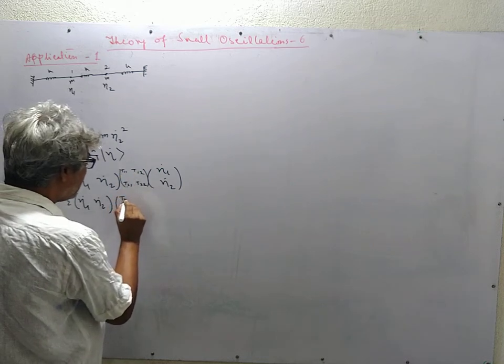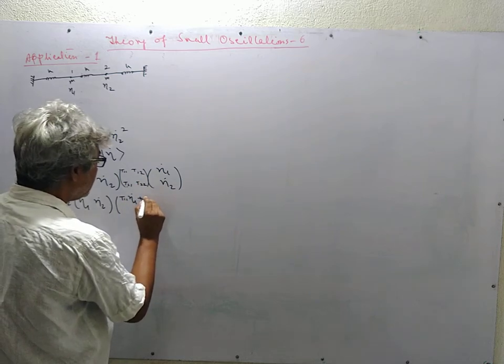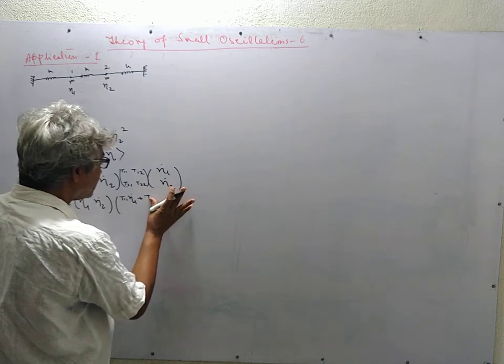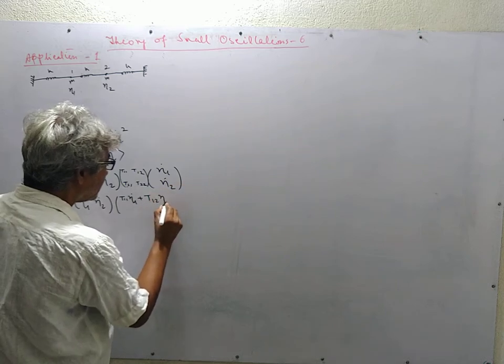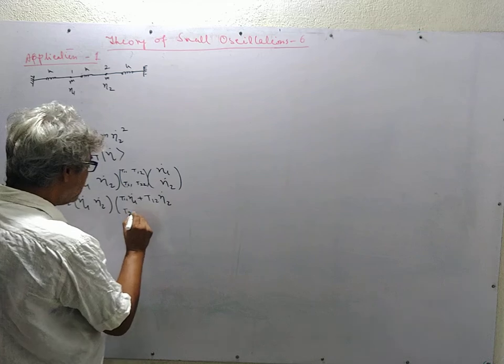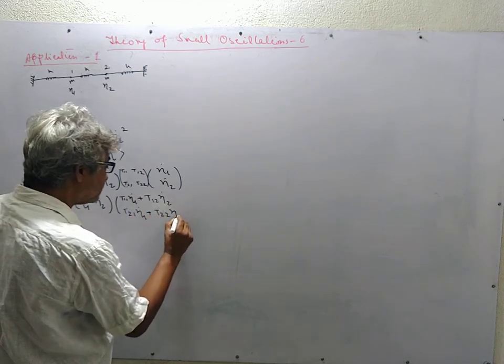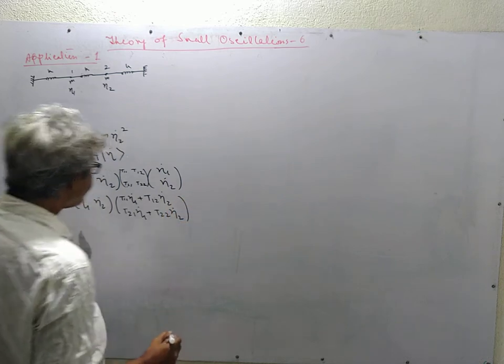T11 eta 1 dot plus T12 eta 2 dot, and for this, T21 eta 1 dot plus T22 eta 2 dot.